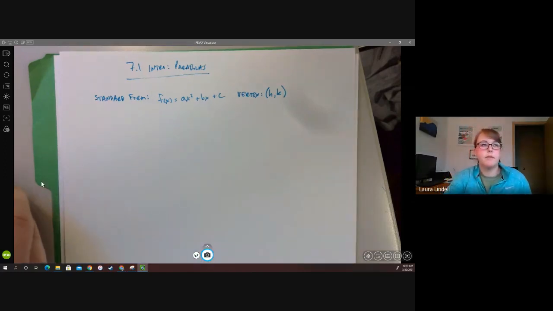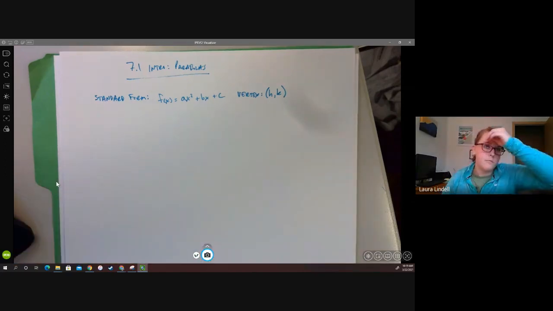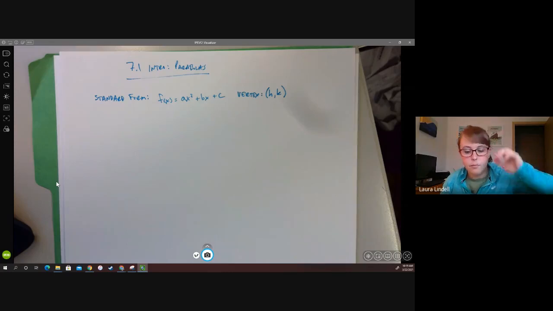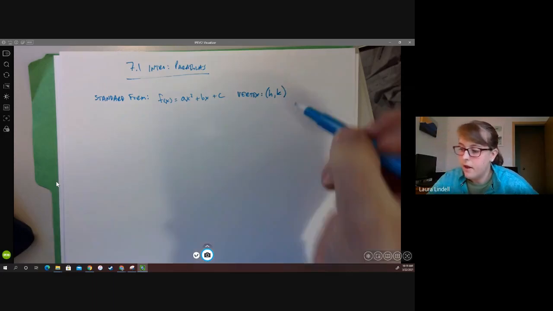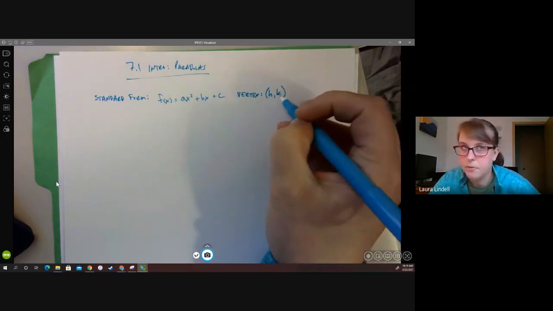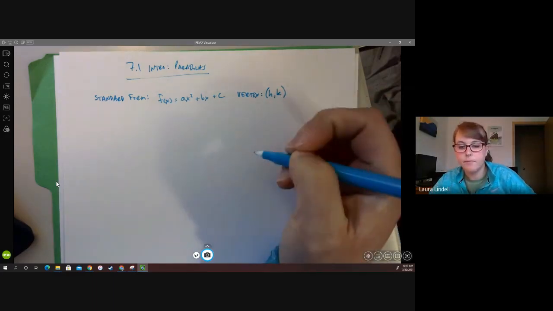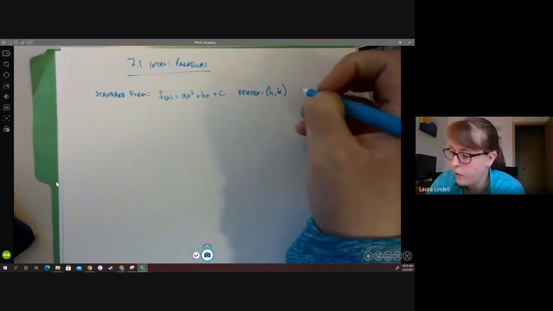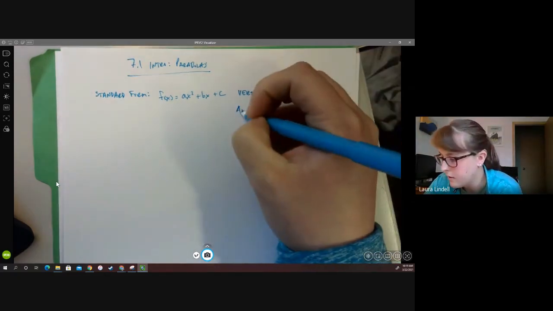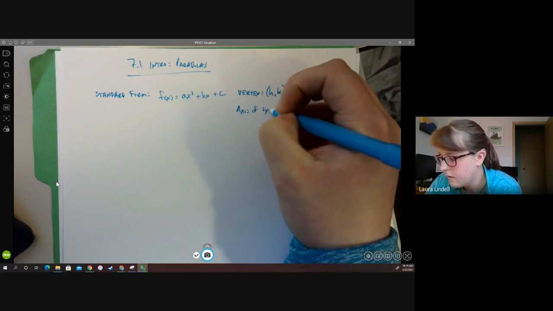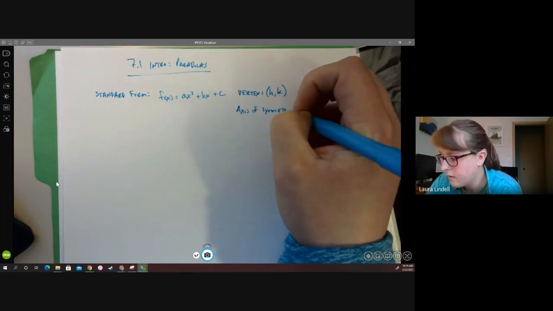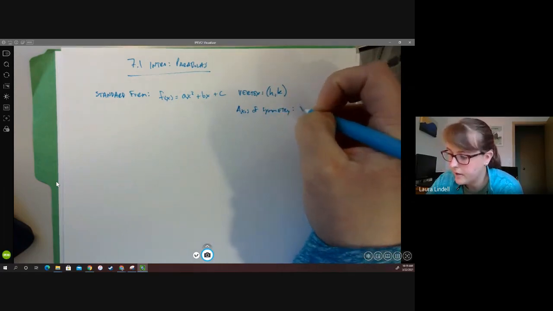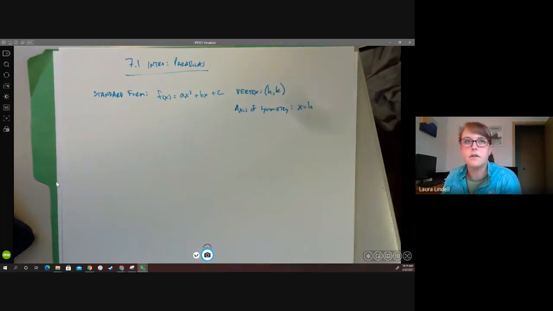Tomorrow, we're going to look at something called P form or vertex form, most likely P form, that will actually have both of these a little bit more clear from the equation. And then we also have the axis of symmetry, which is x equals h.